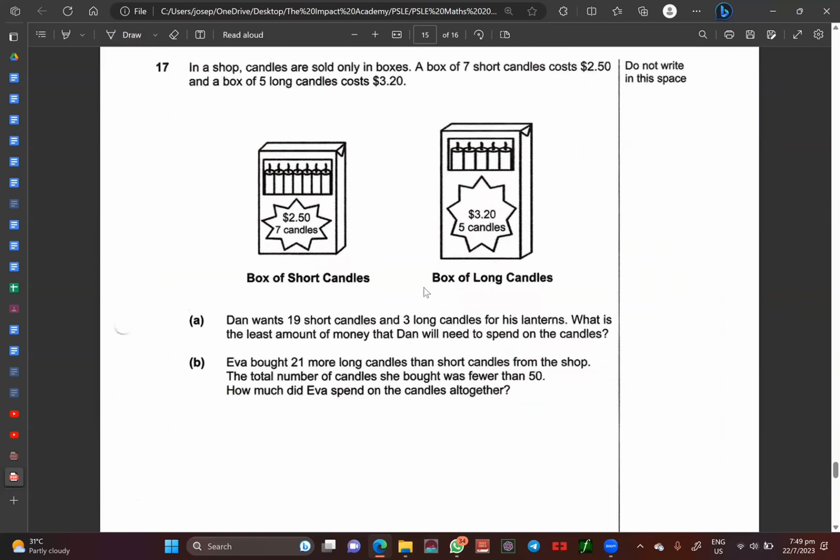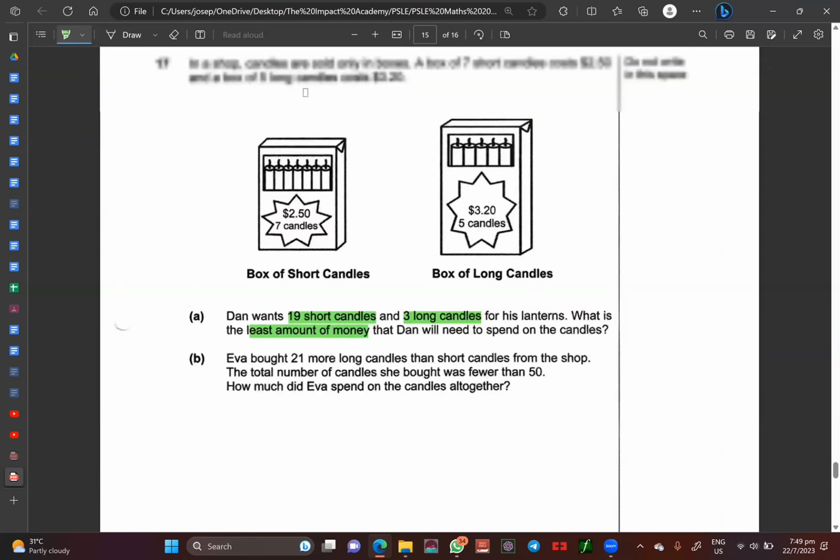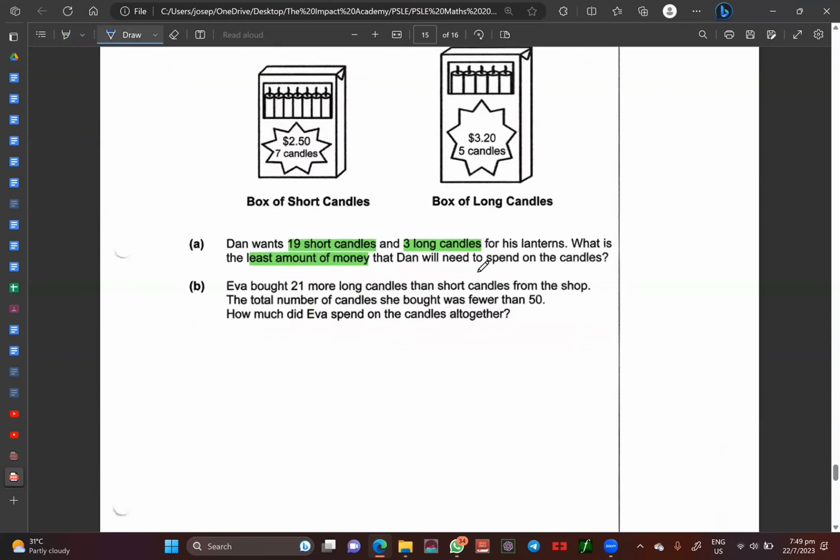Now this person wants to buy 19 short candles and 3 long candles, and she is asking, can I spend the least amount of money? Okay, what is the least amount of money? So if this person is going to buy 19 short candles, this is the short one, this is the long one, as you can see over here. What are we going to do? We are going to at least start from short.